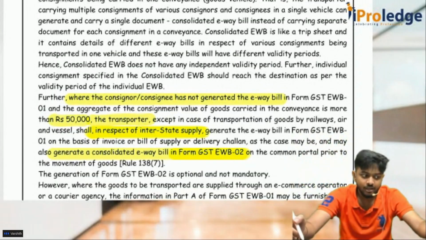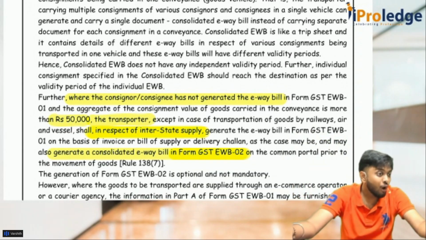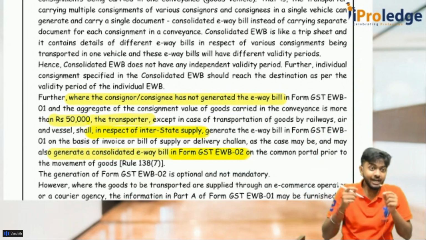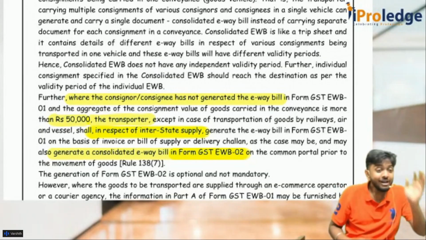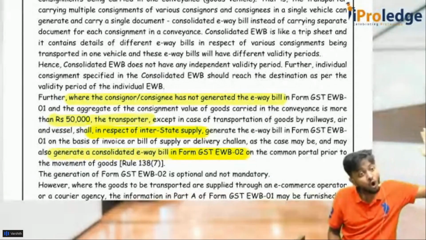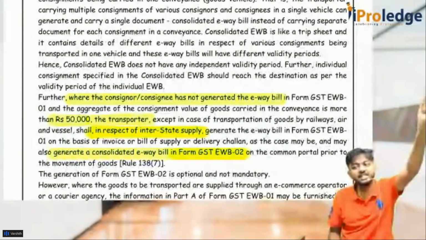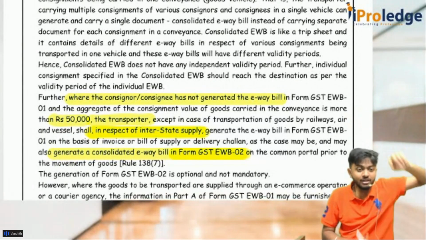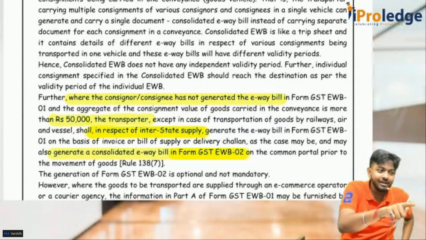Now one more question. Now transporter, when I said consolidated e-way bill, what I am telling is, this transporter will generate and put the details in EWB01, but while carrying, will he carry all the e-way bills? No, he will carry one consolidated e-way bill in GST EWB02. But is he supposed to give information of all the consignments in EWB01? Yes.